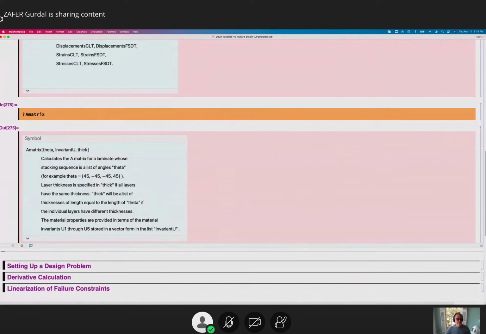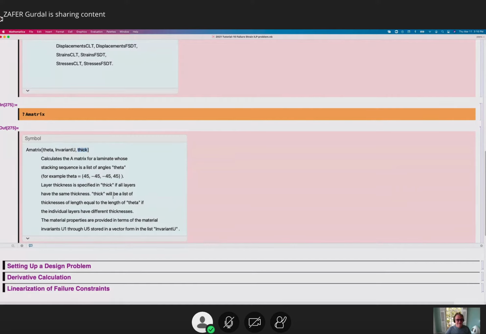The previous version took a list of angles for the complete stacking sequence, invariant material properties, the capital U vector, and one thickness, which is the same for every layer, T-ply, thickness of a ply. Well, it's possible that sometimes we actually build laminates that have multiple materials in them, therefore multiple thicknesses for the individual layers.